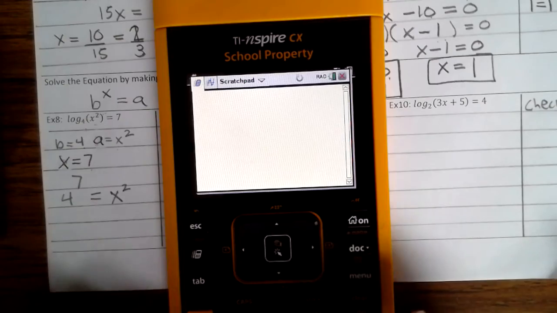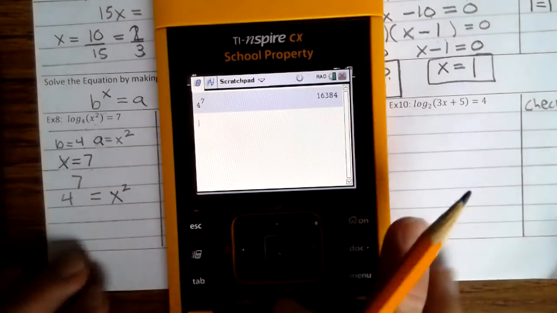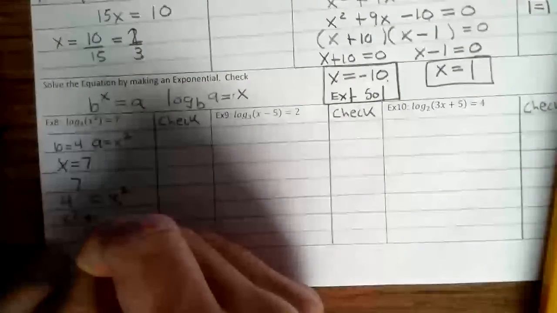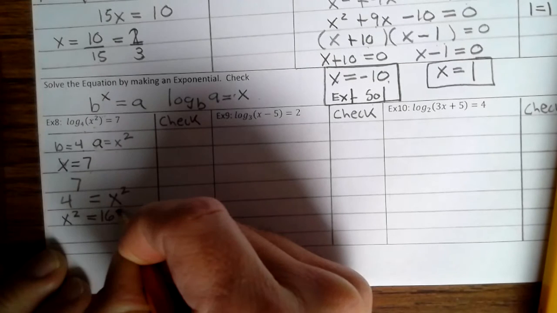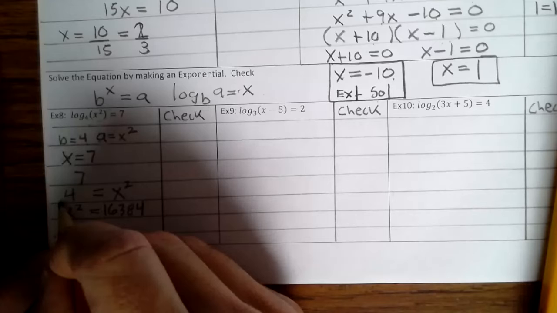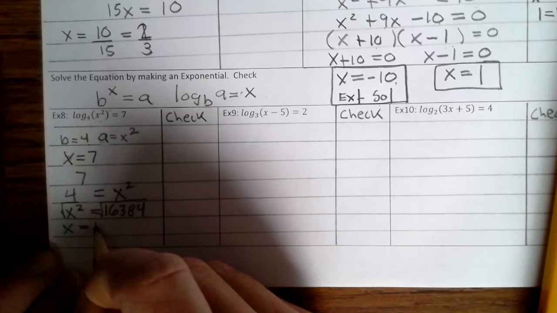Remember, square root's plus or minus. So x equals plus or minus, let's see what the square root of that is, 128. So you have two answers, x equals plus 128 and x equals negative 128. Okay, so let's check x equals 128.